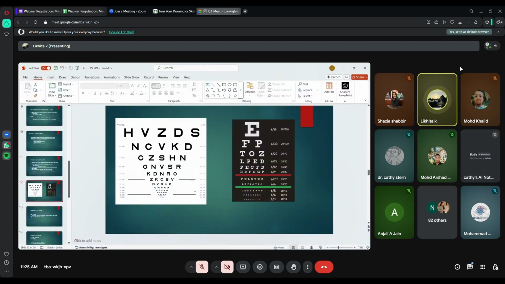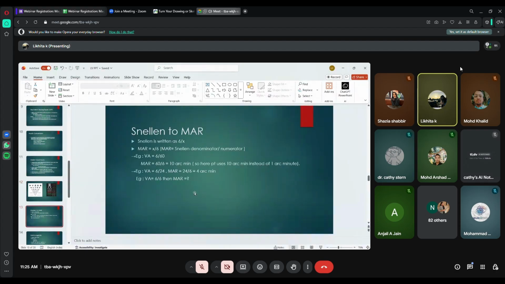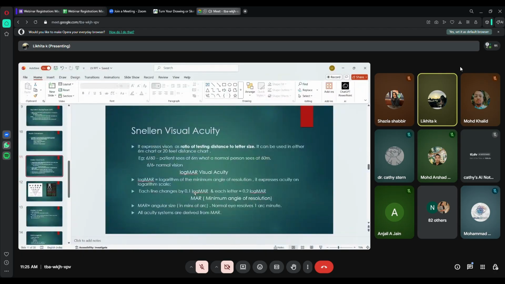As you can see, the difference between Snellen and Logmar: Logmar has a line change of 0.1 and each letter is denoted as 0.02. That means we can have a specific and correct value of what the patient is reading or what the patient is going to achieve. So that's why Logmar is mostly used in research and low vision patients.